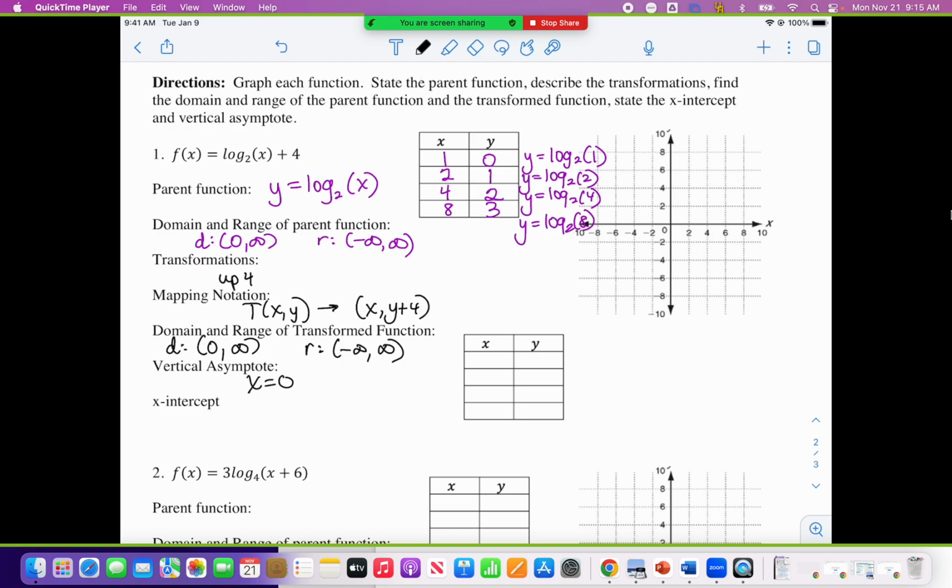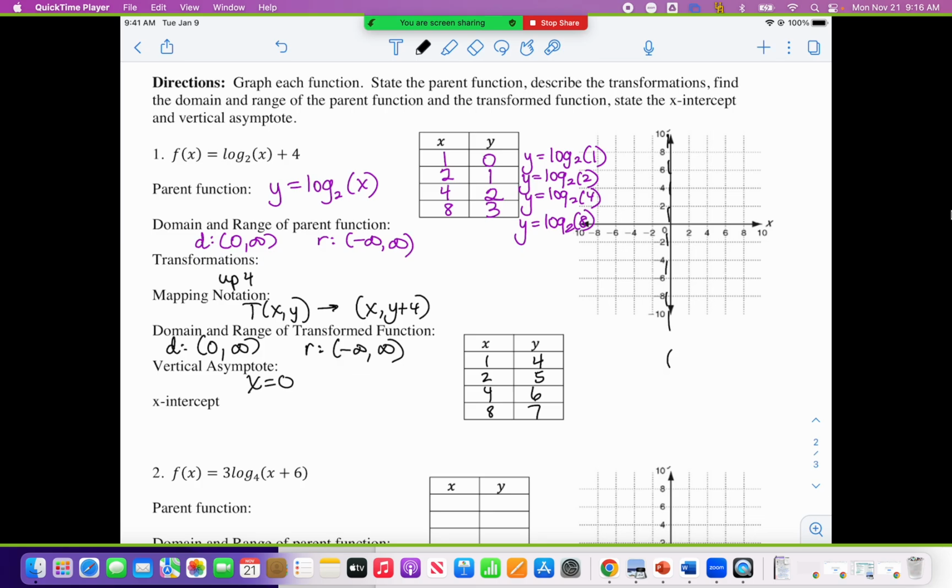So let's fill in a new table with the mapping notation. The x's didn't change, but my y values went up 4. All right, so here's my vertical asymptote. You do need to sketch it.